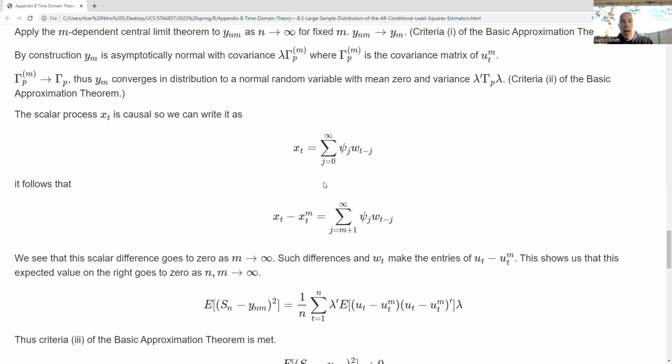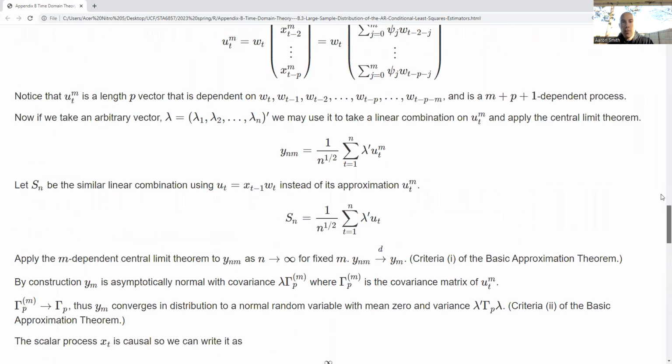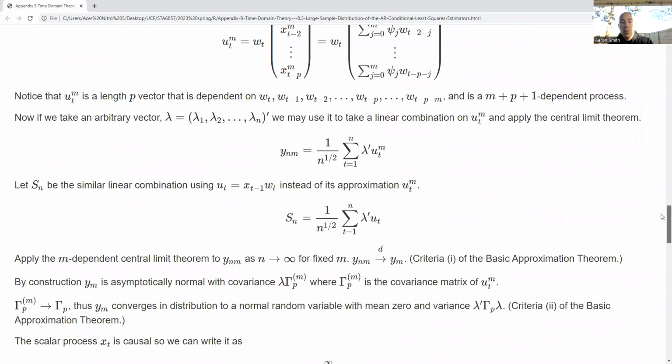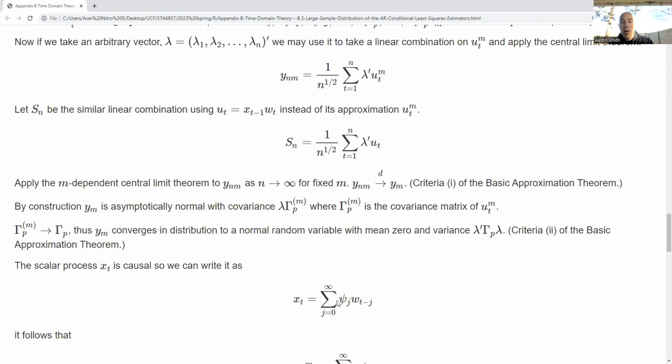And so it works out that if I subtract off that approximating value, so remember what the approximating value looks like. Here, the approximating value is a finite linear combination of white noise terms from the past. Here, I'm taking all the white noise terms up to infinity.